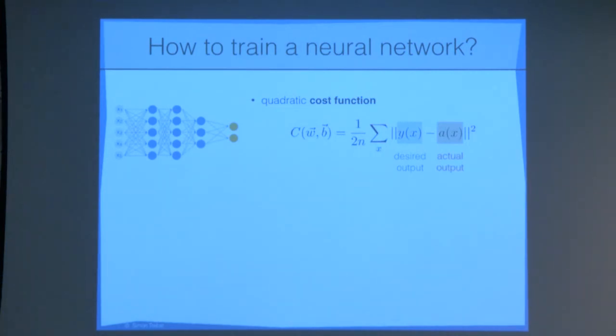Well, what I will do is introduce in this first step a cost function. I will say, well, there's a couple of input variables x, and they should create a certain desired output, here, y of x. That's what I would like to have as an output, and the neural network will generate something else, some actual output, and I can just look at the distance between this desired output and the actual output, square it, and that gives me a cost function.